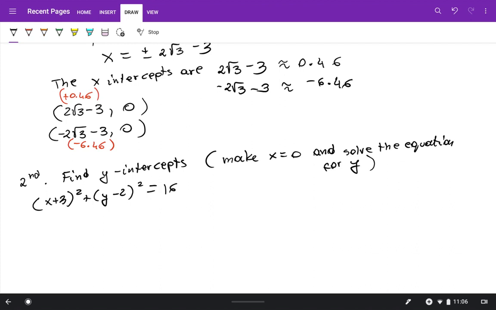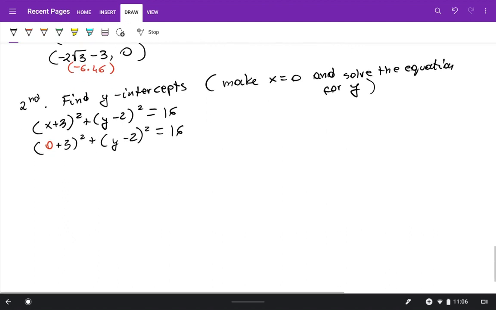We're going to find the y-intercept, so we're going to make x equal 0. So we have (0 + 3)² + (y − 2)² = 16. The same idea: solve this equation using the square root method.